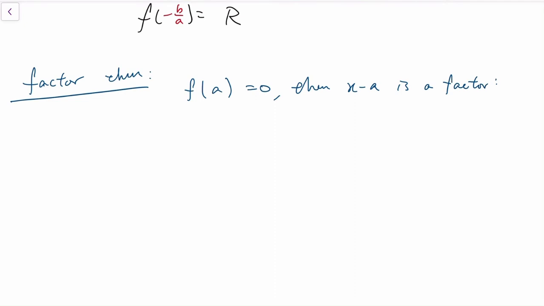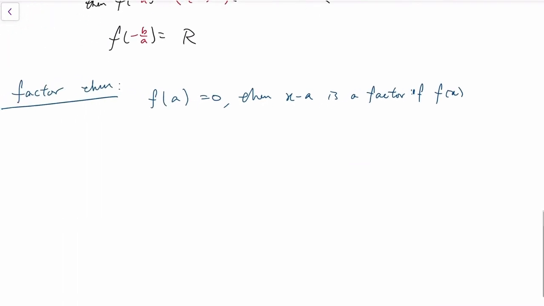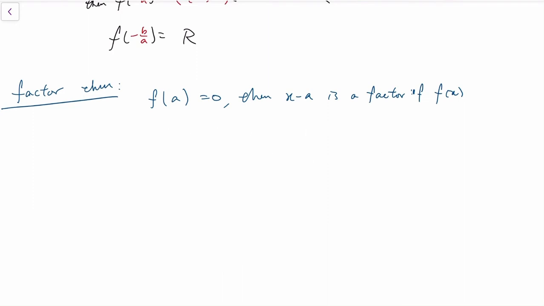Well, factor by definition means when you divide f(x) by x minus a, you would not get any remainder. The reason why should be obvious, because f(a) would give you the remainder, but according to the remainder theorem, the remainder would be 0, so simply by definition, x minus a is a factor.